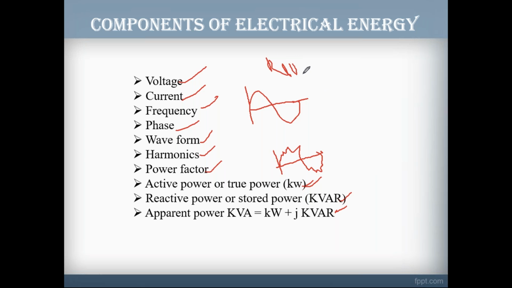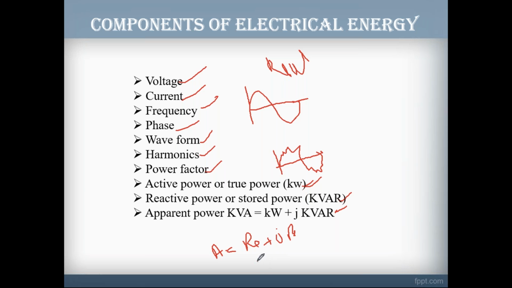The power transmitted in the transmission line we call reactive power, that is stored power. And apparent power means the power coming from the transformer. These are the three types of power. Finally, the apparent power is the sum of real power and reactive power.